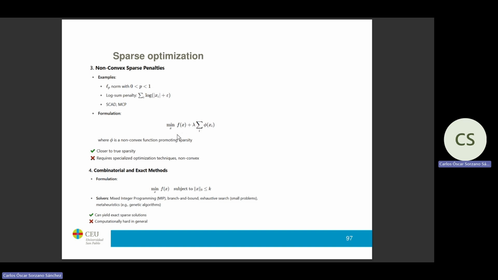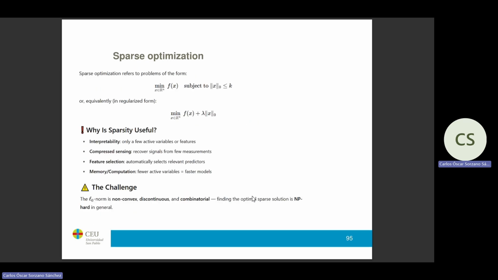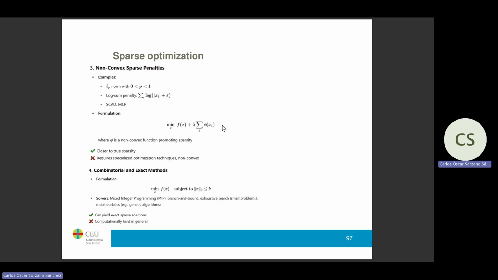But in general, I will have a goal function I want to minimize, and I add some penalization to it. And this penalization will try to promote this sparsity, and maybe it's not as difficult to solve as the combinatorial problem that we had here at the beginning. So the true sparsity is combinatorial. That is too hard if I have many variables, and maybe this one is not that hard.